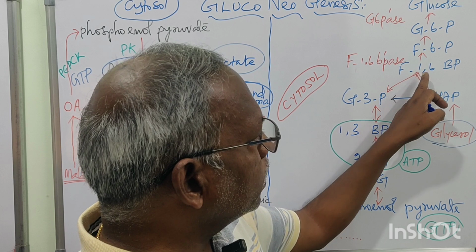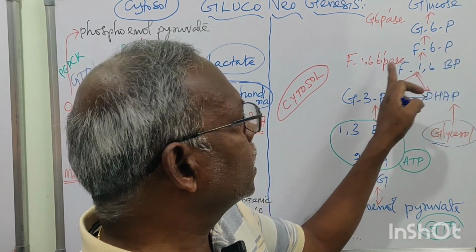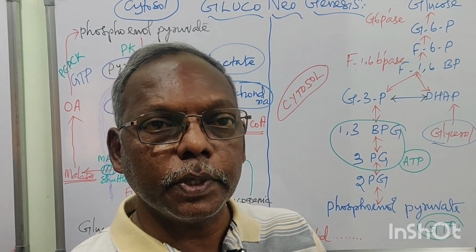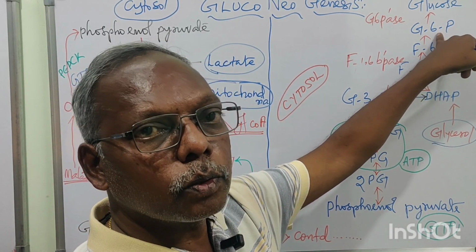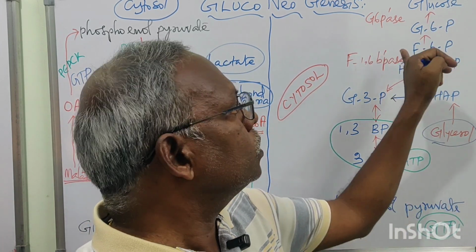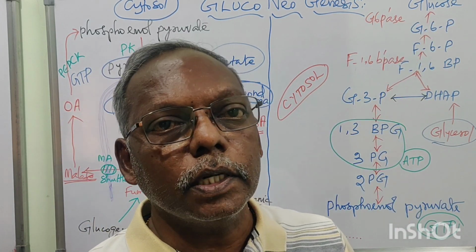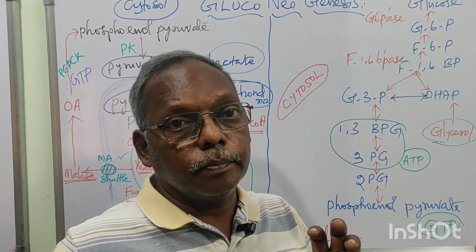Again the reaction continues: fructose 1,6-bisphosphate, then fructose 6-phosphate. Here the enzyme is fructose 1,6-bisphosphatase. Then fructose 6-phosphate is again converted into glucose 6-phosphate. Finally they will produce glucose with the help of glucose 6-phosphatase.